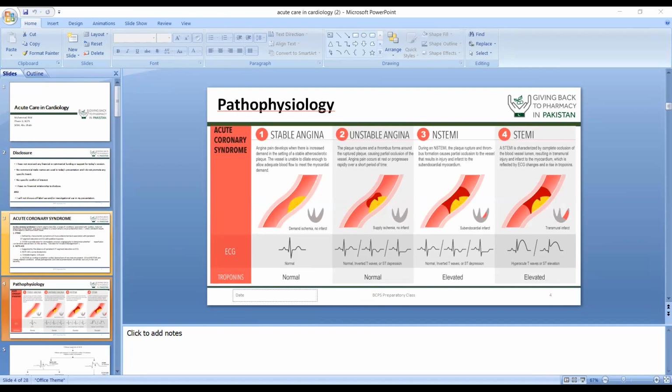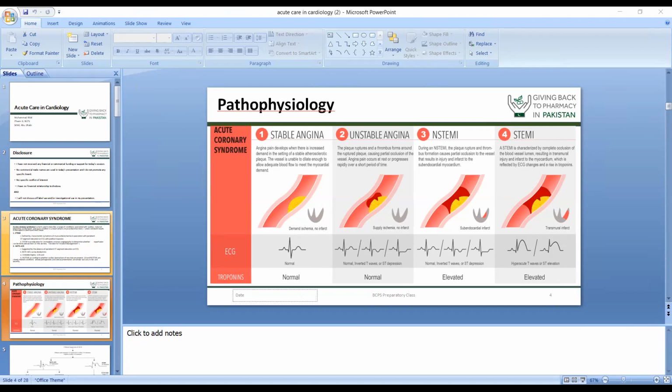So actually, this acute coronary syndrome we can divide into four parts to differentiate: stable angina, unstable angina, non-STEMI, and STEMI. STEMI is very clear. If you can see the ECG changes, you can easily detect that there is some problem. But for the rest, you have to work a lot.